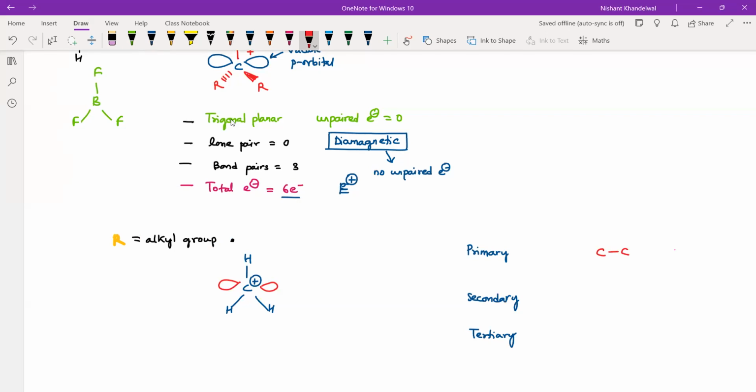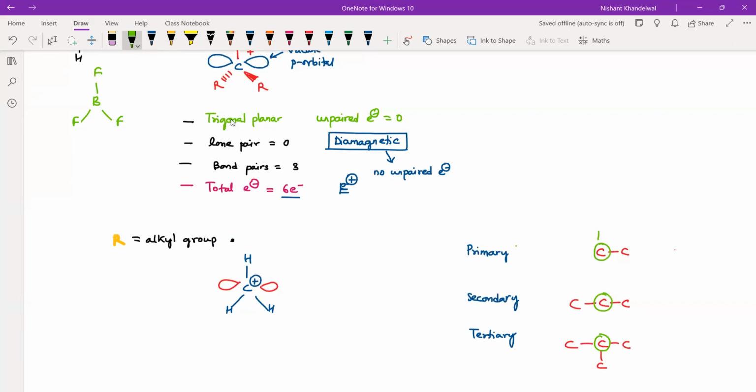Suppose if a carbon atom is attached to two more carbon atoms, then it is secondary. Now if it is attached to three more carbon atoms, then it is tertiary. If it is attached to four, then it is quaternary. Okay. So I am talking about this carbon only. So this one is primary, the green one.